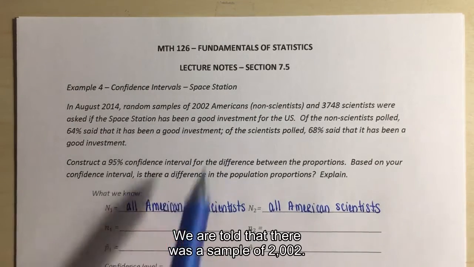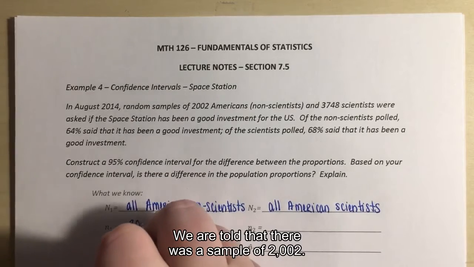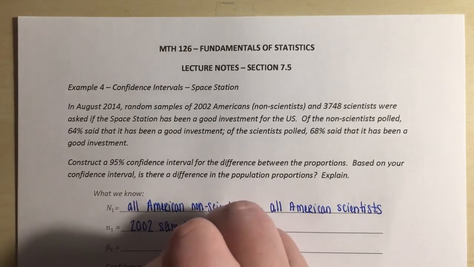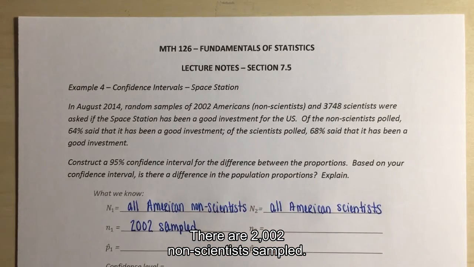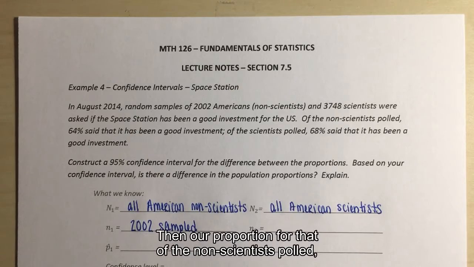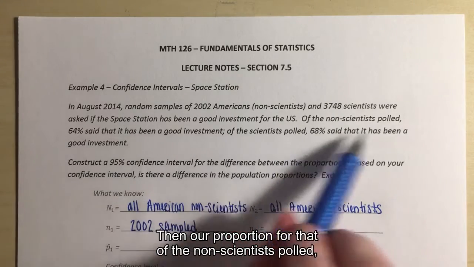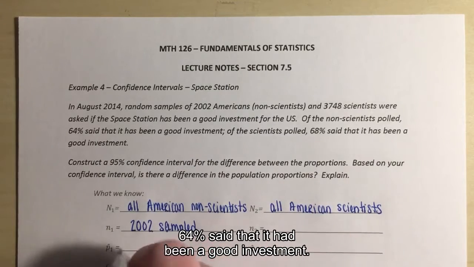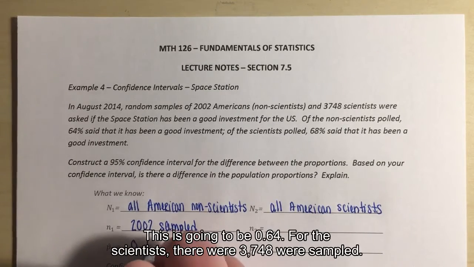All right, so let's fill in our information for non-scientists first. We are told that there was a sample of 2,002. So there are 2,002 non-scientists sampled. And then our proportion for that, of the non-scientists polled, 64% said that it had been a good investment. So this is going to be 0.64.